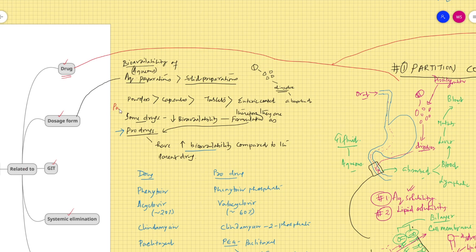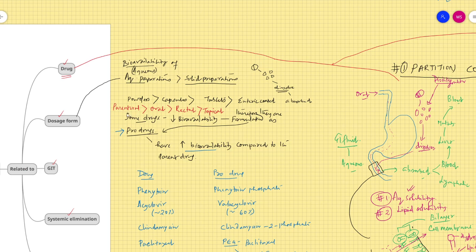So parenteral dosage forms have greater bioavailability than oral forms, and in turn the oral forms have got greater bioavailability than the rectally administered dosage forms, and rectal dosage forms have greater bioavailability than topical dosage forms.